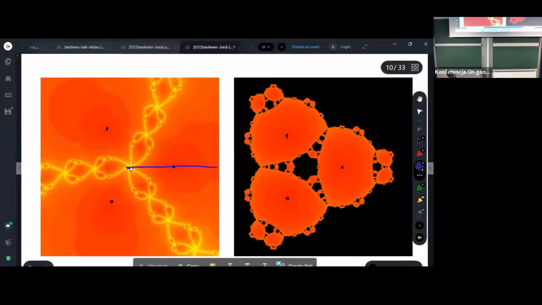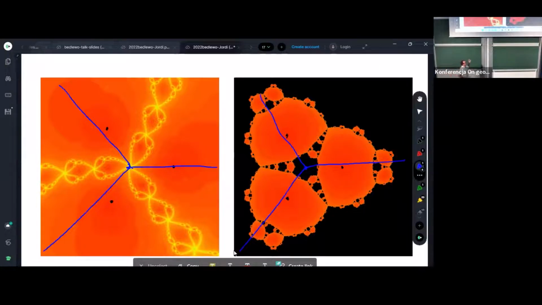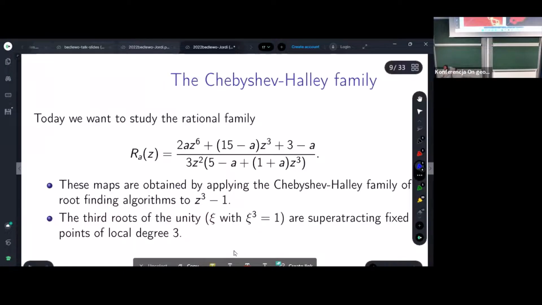Okay, so another important feature, it's easier to explain this over the drawings. If I rotate by an angle of a third, you can see a copy of everything all the time. So you actually have a symmetry. In this case, these maps are very symmetric. One of the reasons we keep this parameter a is in order to ensure that we are keeping the symmetry.